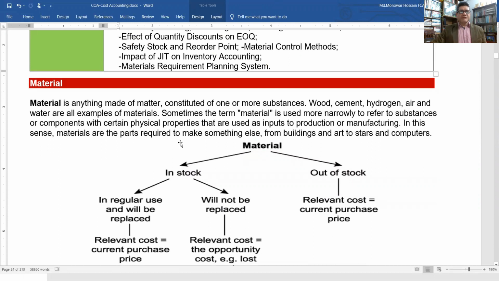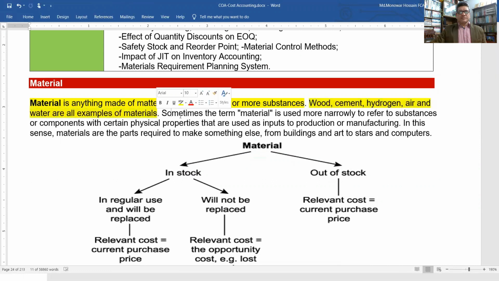So material is anything made of matter, constituted of one or more substances. It may be wood, cement, hydrogen, air, and water; these are all examples of materials.